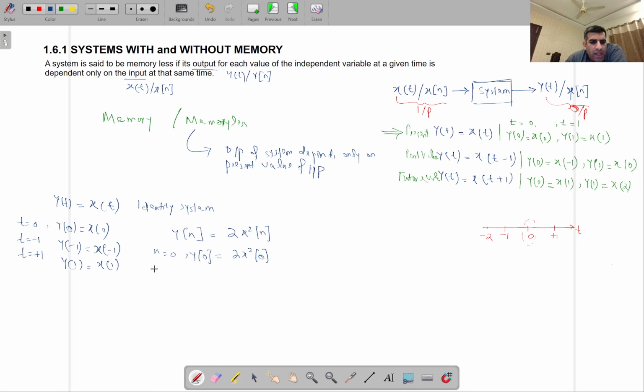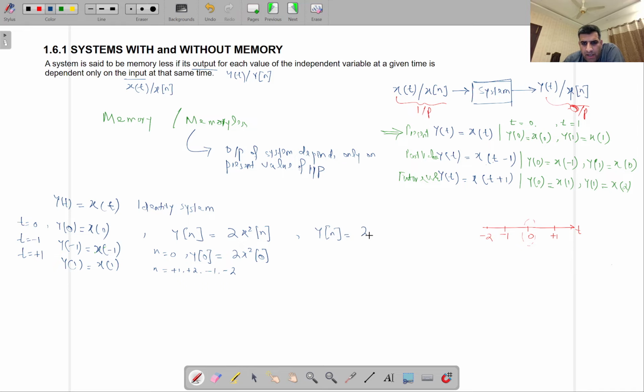So you could try another few values, plus 1, plus 2, and it's quite simple to see that this system is again a memoryless system. Okay, so another example which we can write over here is a similar example, just an extension of this thing.